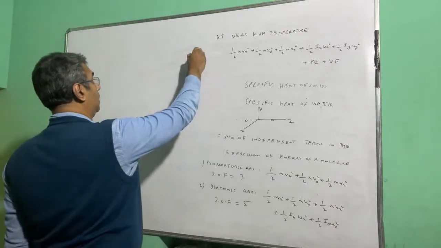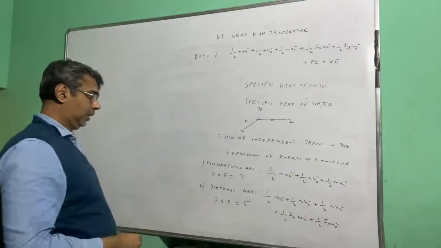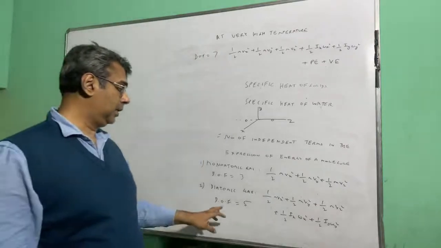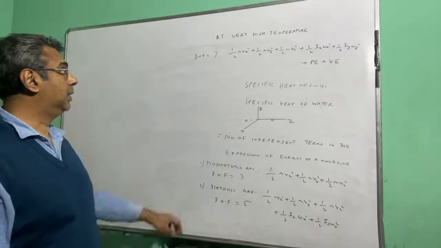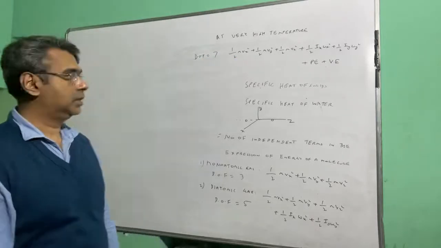So the degrees of freedom will be equal to 7. So diatomic gas at normal temperature, degrees of freedom will be 5, and at very high temperature, the degrees of freedom will be 7.